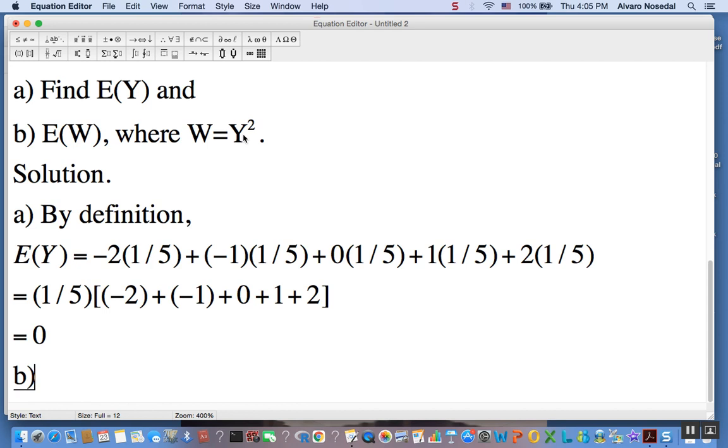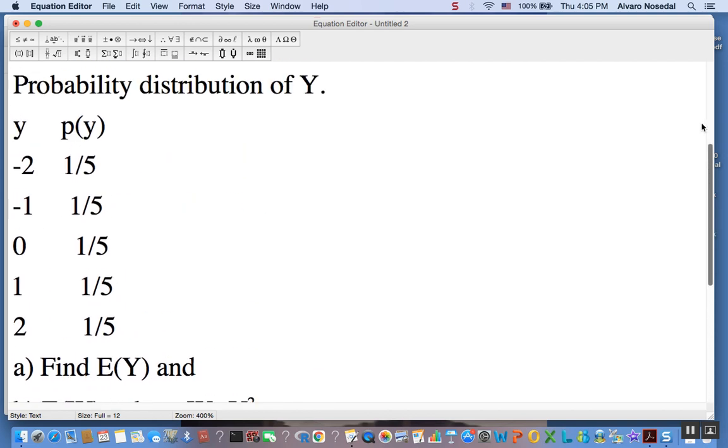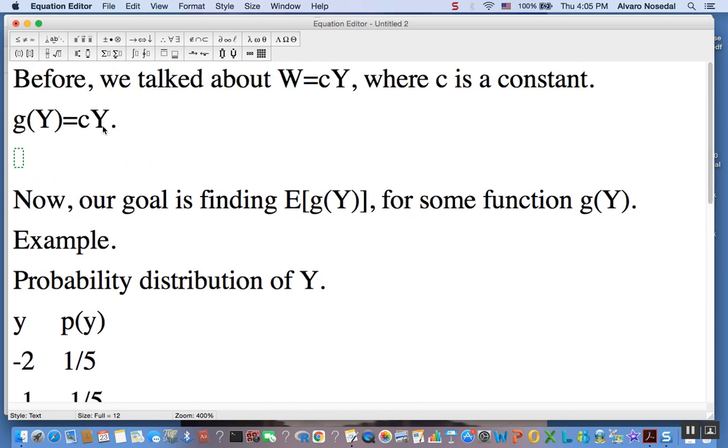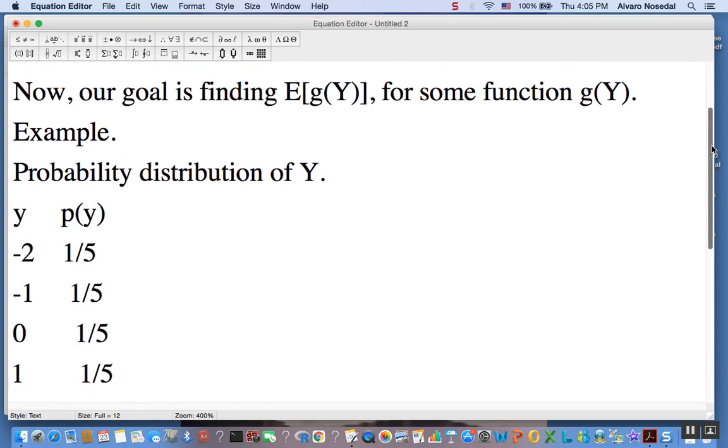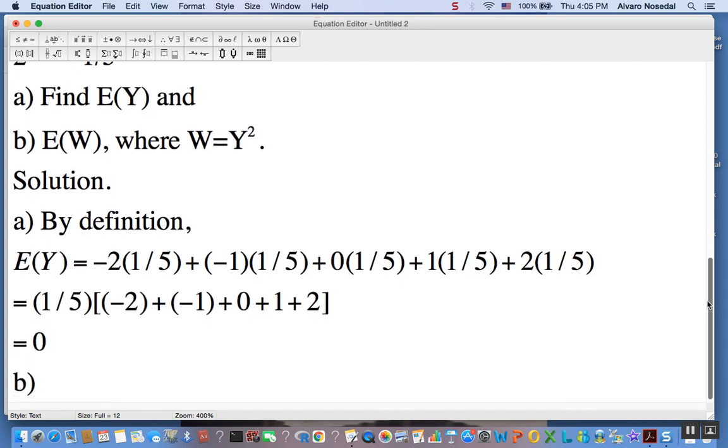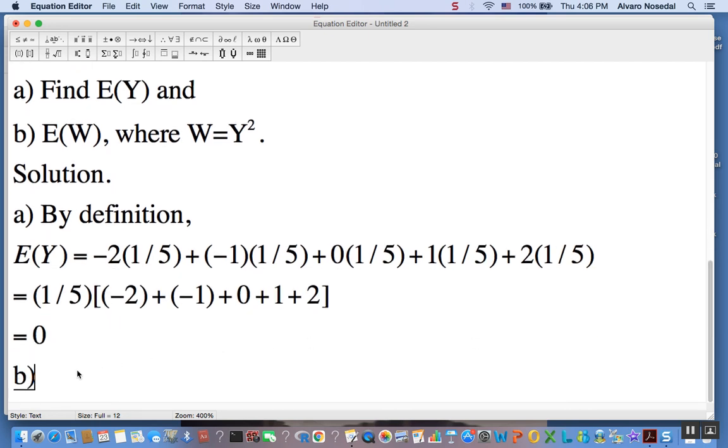If you remember what we did in another video where we discussed this transformation, C times Y, when we talked about the profit in two different locations where cell phones were sold.